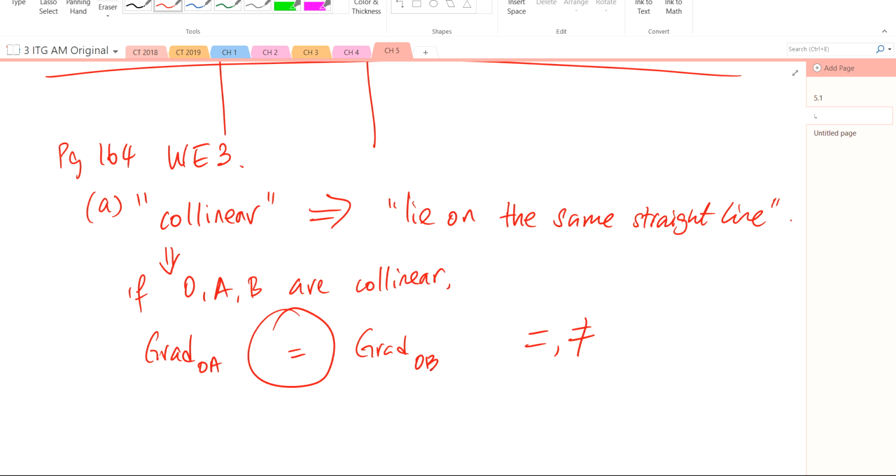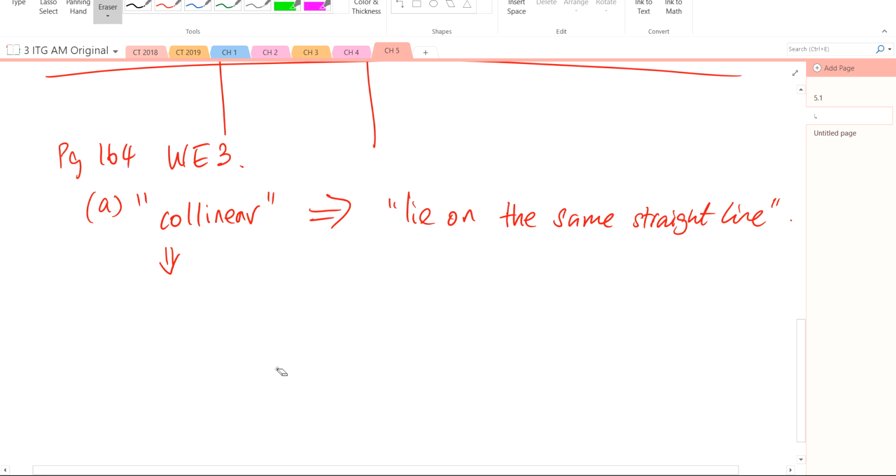So there are two things that you need to prove in order to say that points are collinear. Of course, the first one is that gradient is the same. So number 1, gradient OA equals gradient OB, or you can say gradient OA equals gradient AB. They are the same thing.